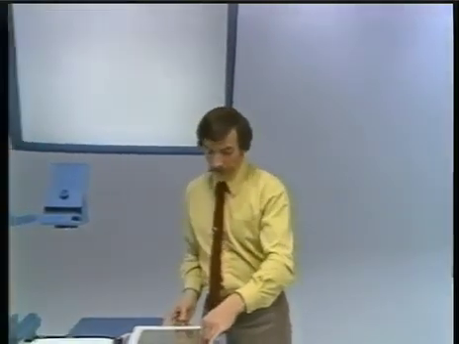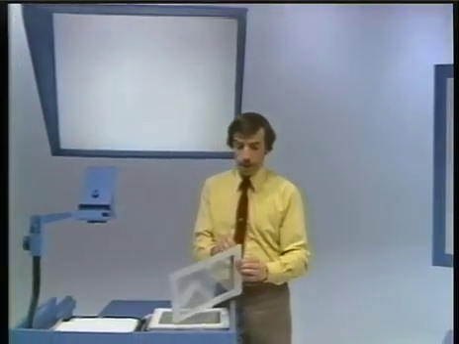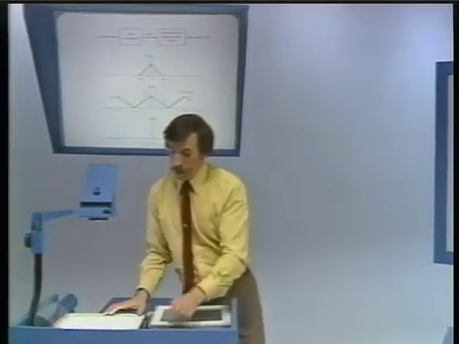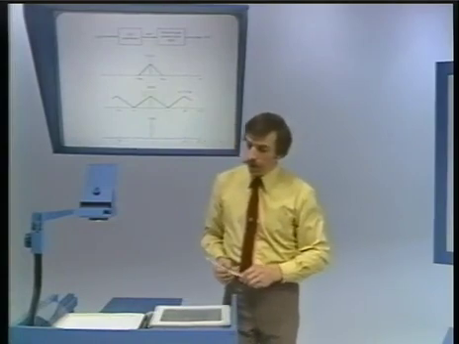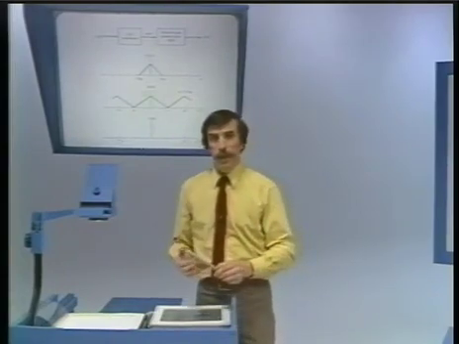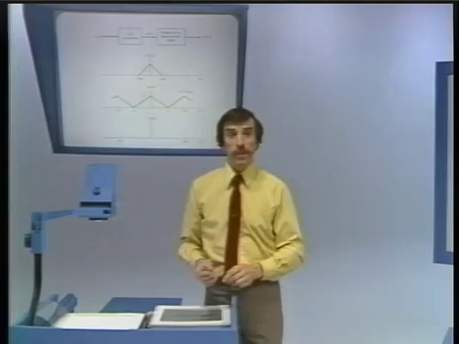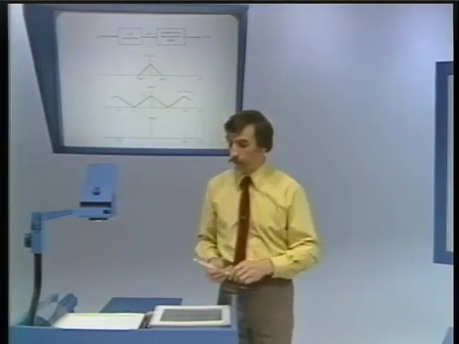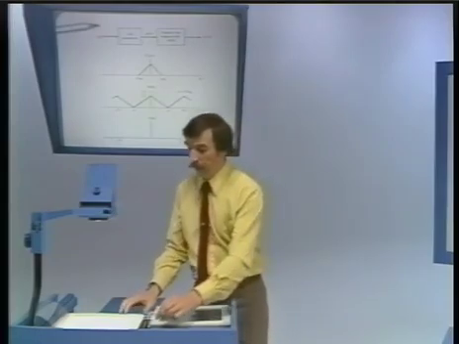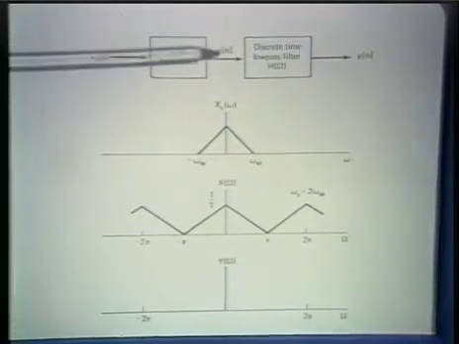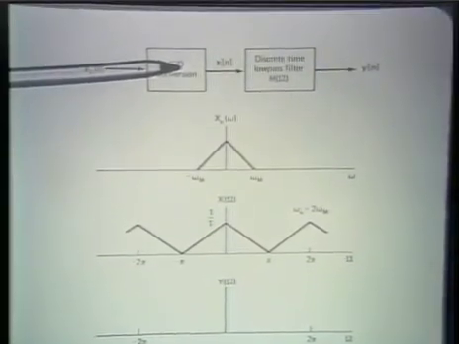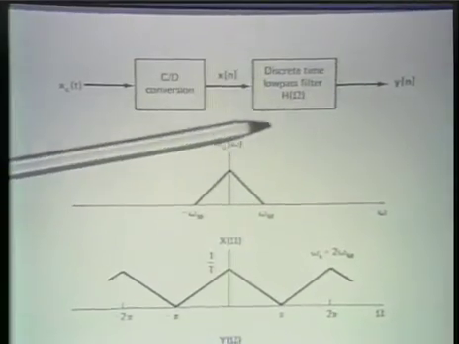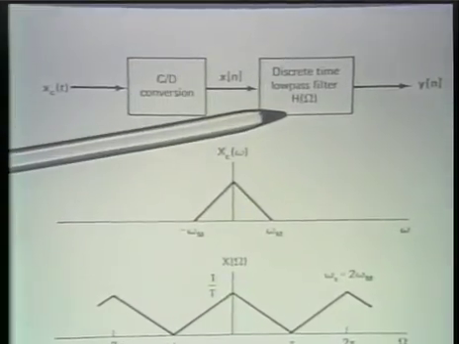In particular, suppose that we have gone through a process in which a continuous time signal has been converted to a discrete time signal, and we then carry out some additional discrete time filtering. So we have a situation where we've gone through a continuous to discrete time conversion, and after that conversion, we carry out some discrete time filtering.